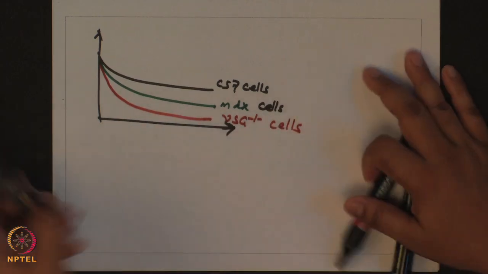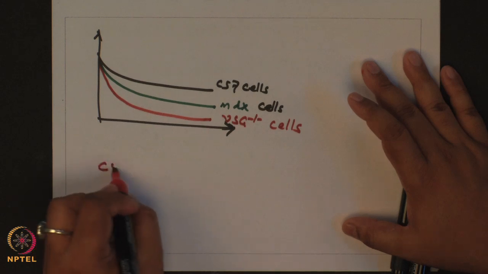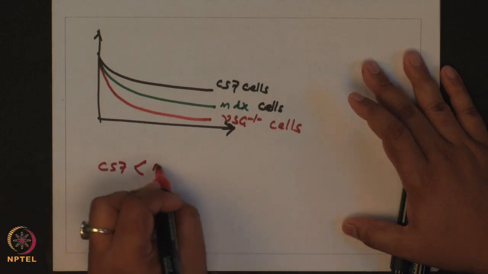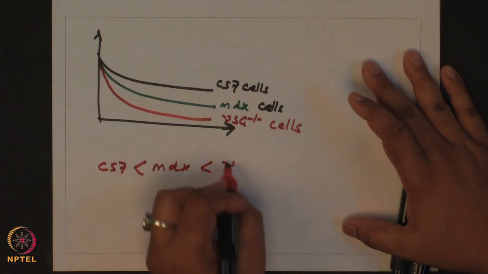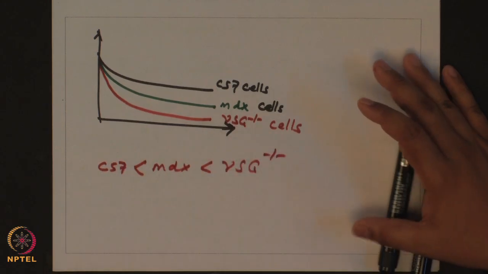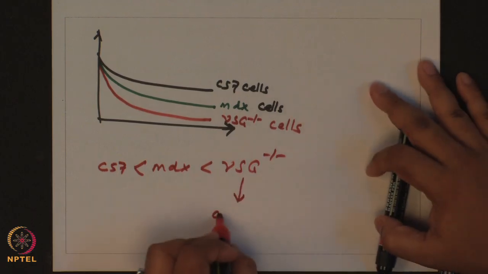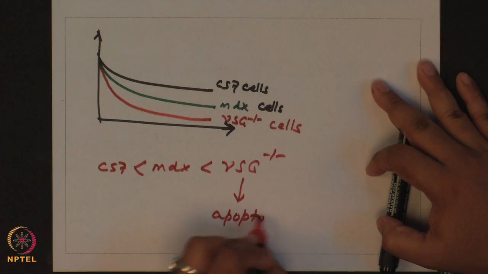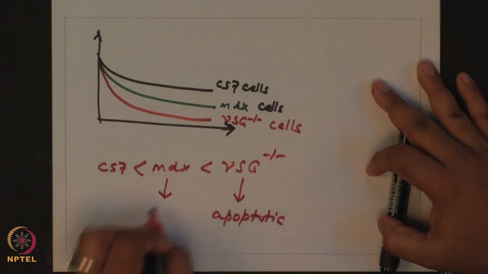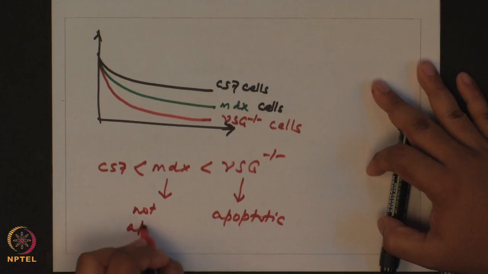So, you have a situation in terms of contractility: C57 less than MDX less than gamma sarcoglycan deficient cells. Now, these guys are apoptotic, these guys are not apoptotic.